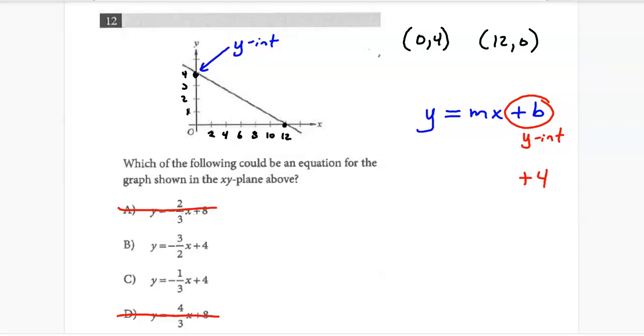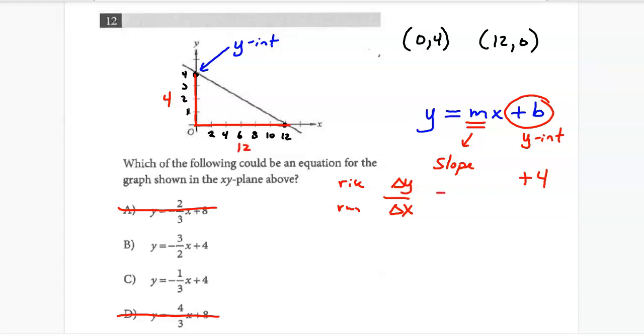Now we need to see that the line is coming down, so it has a negative slope. Remember, M represents the slope. And the slope is always the change in Y over the change in X. A lot of kids like to say the rise and the run, but I like to think about change in Y and change in X. This line went down by 4, and we went over by 12.